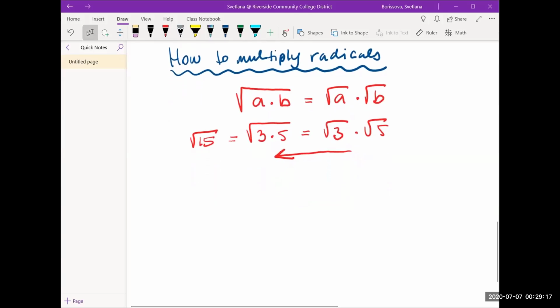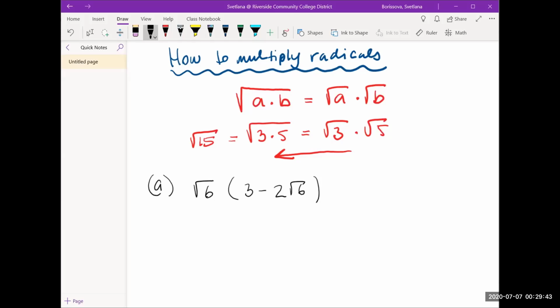So this is how examples will look. Here's the first one. If you need to multiply square root of 6 by 3 minus 2 square root of 6. So we have to multiply expressions that involve radicals.